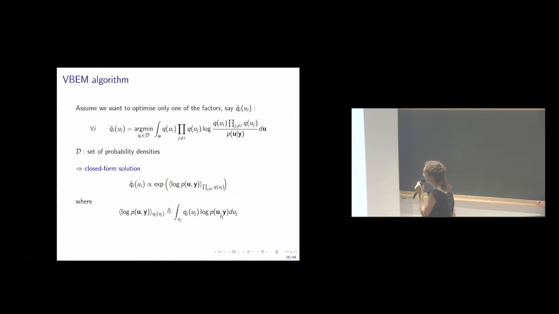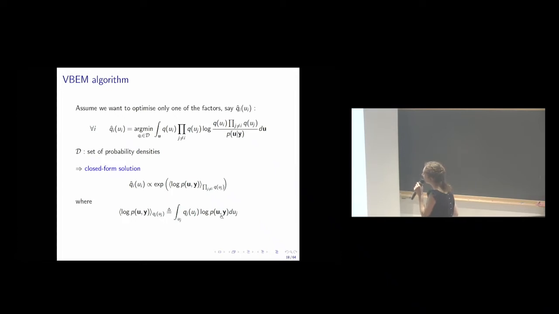If I integrate the factorization into the minimization expression, the Kullback-Leibler divergence, you have this particular expression here, where I made a difference to this particular factor I'm interested in.